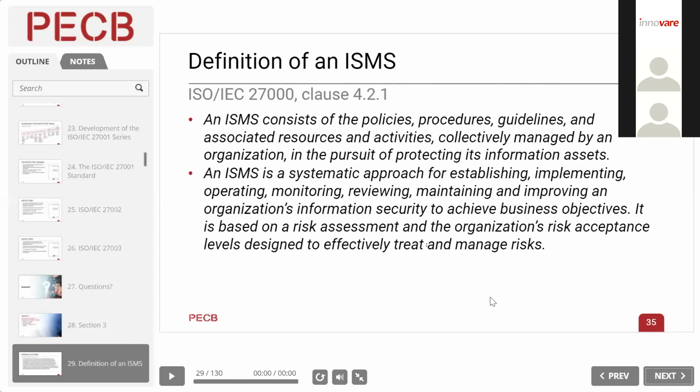Now, to define the ISMS, it's a systematic approach for establishing, implementing, operating, monitoring, reviewing, maintaining, and improving an organization's information security to achieve business objectives. It is based on a risk assessment and the organization's risk acceptance levels, designed to effectively treat and manage risk.